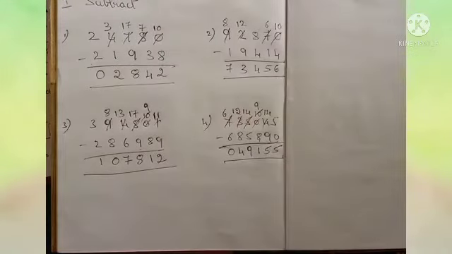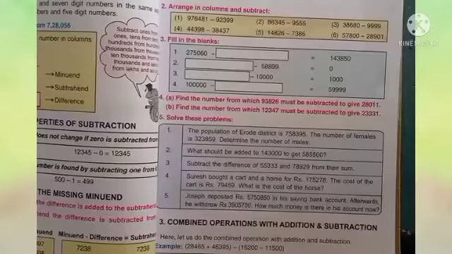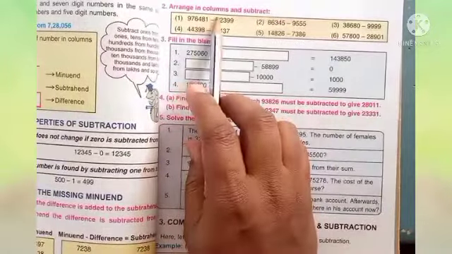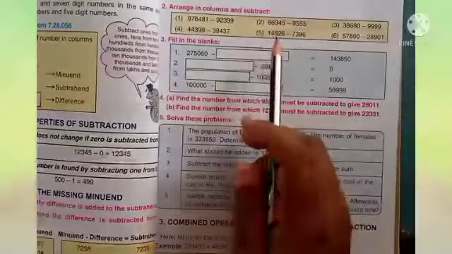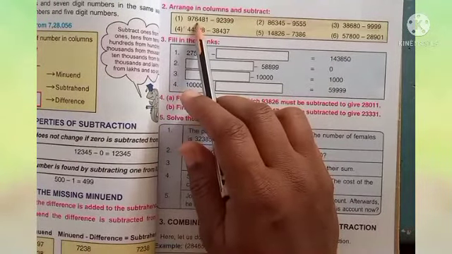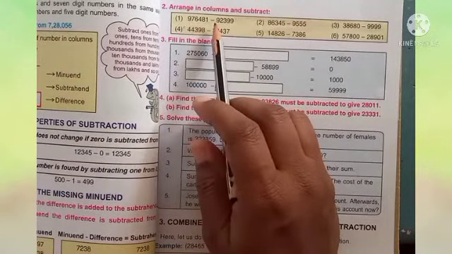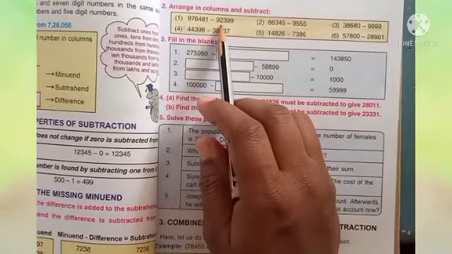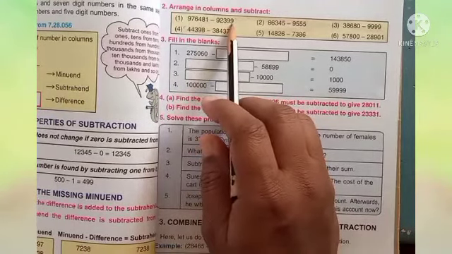So did you understand how to do it? Okay. Next second one we will do. See dear children, now second one: arrange in columns and subtract. First one, 9,76,481 minus 92,399.